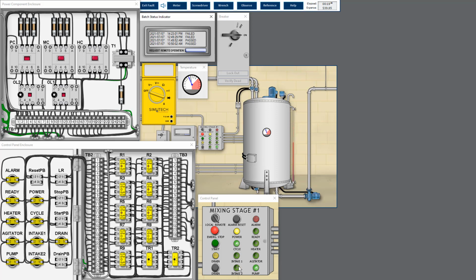That's why the intake 2 can be turned off and the alarm is able to turn on. So I don't see any problem here. The status in the batch indicator should show pass after the process finishes. Yes, pass.